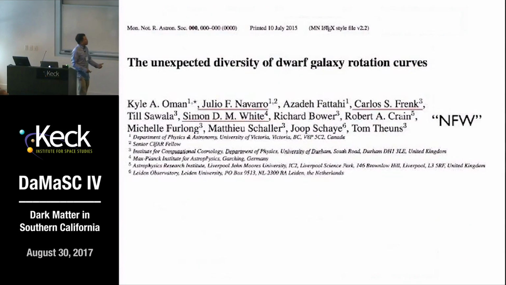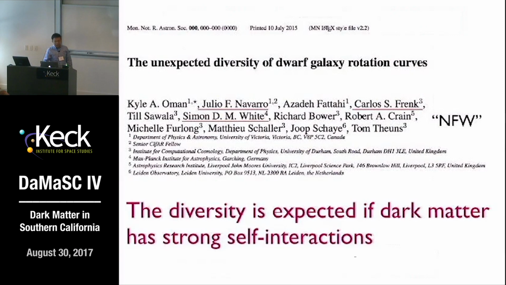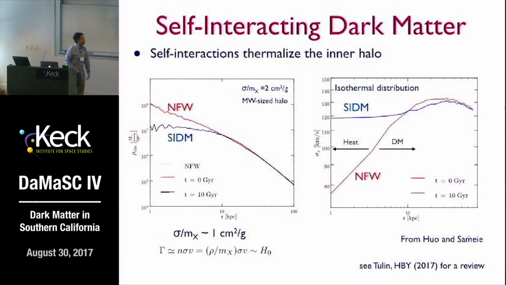So when they put out the paper, they said that the diversity is unexpected. But I'm going to argue that the diversity is expected if dark matter has strong self-interactions. So what is strong self-interaction? The only assumption you make here is that dark matter particles have collisions. Okay?